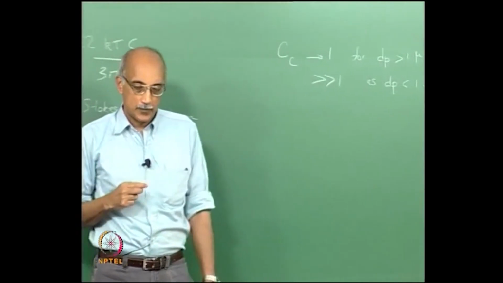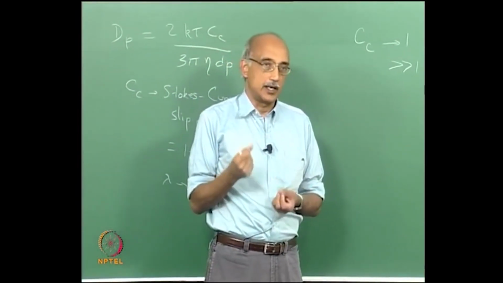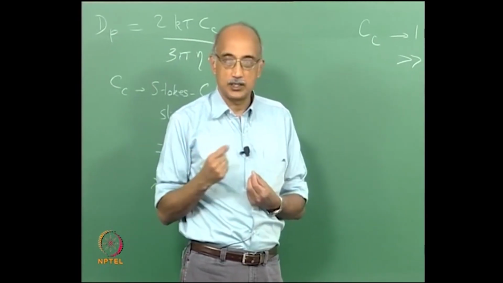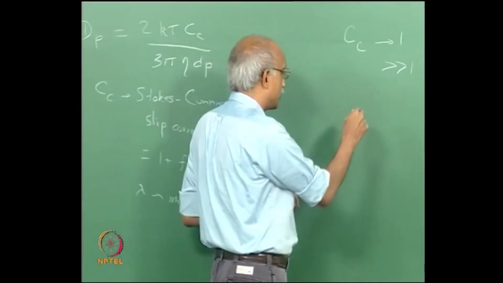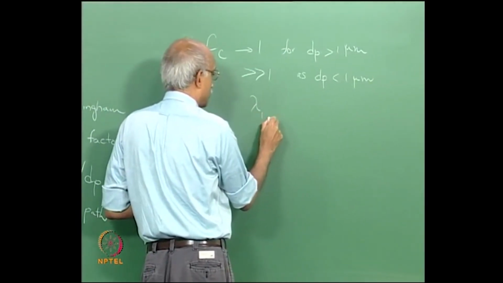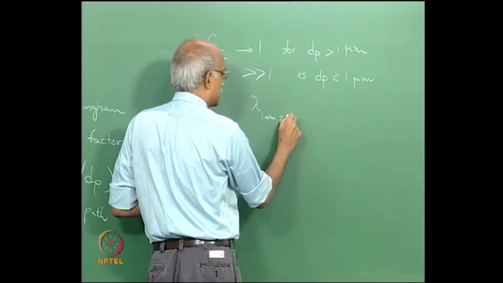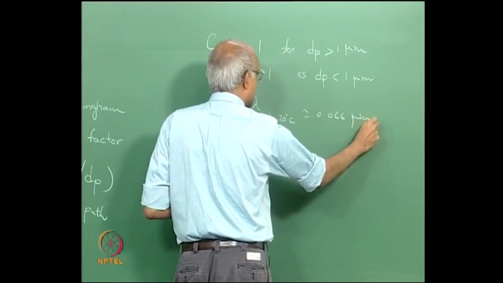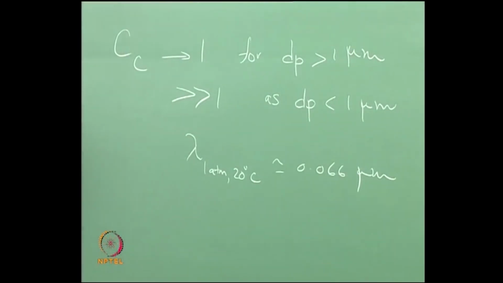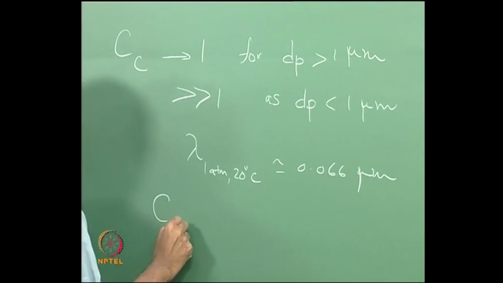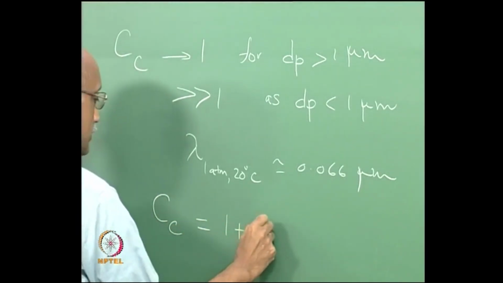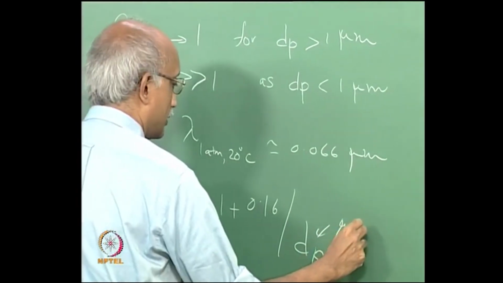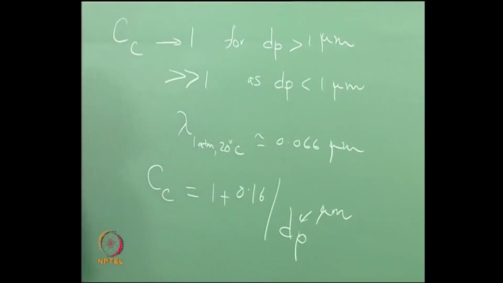For example, in the case of particle diffusion in air, let us say you are at atmospheric pressure, 20 to 25 degrees centigrade, the mean free path for air under those conditions is about 0.066 micrometer. And under these conditions it turns out that you can write Cc as equal to 1 plus 0.16 over dp, where the particle diameter is expressed in microns.